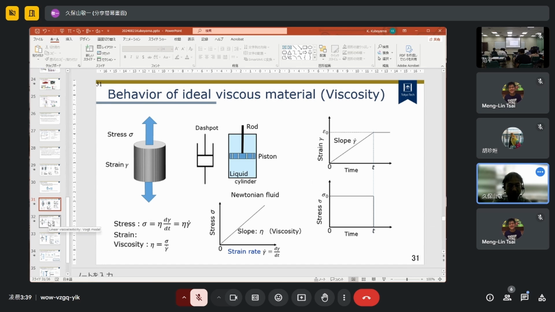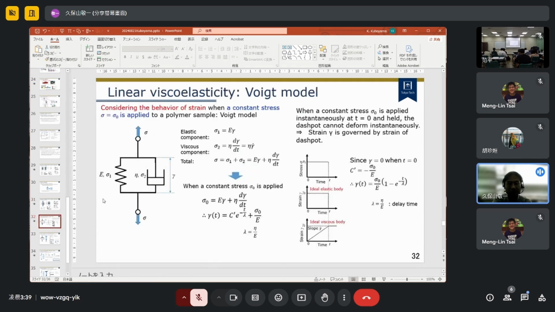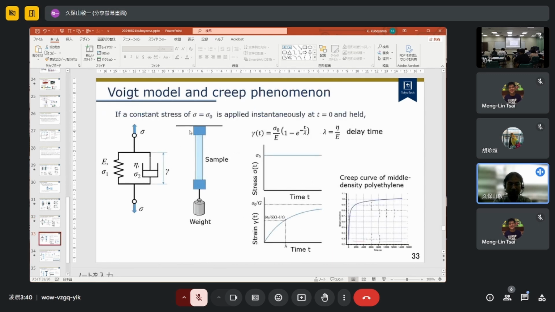Okay, so let's think about the behavior of the polymer by using these two kinds of ideal models. Now let's consider the behavior of strain when a constant stress is applied to the polymer, like this.